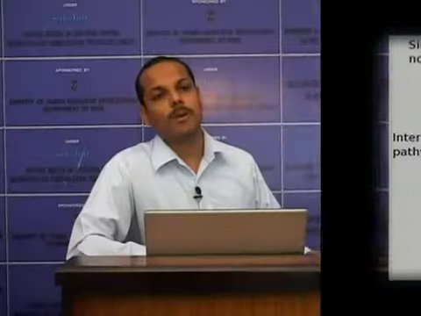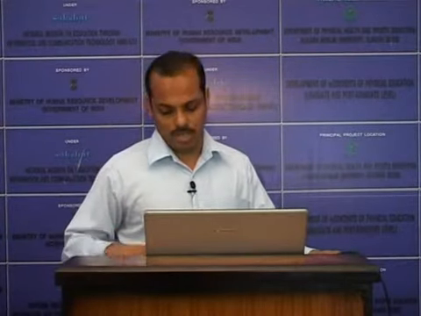Then there are bundle branches. From there are Purkinje fibers, which supply all over the ventricles. So, this is the conducting system: SA node, internodal pathway, AV node, bundle of His, bundle branches and Purkinje fibers, together known as the conducting system of the heart.